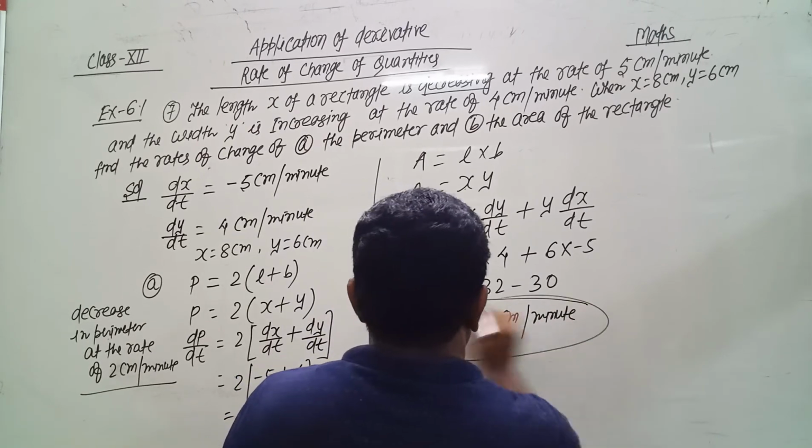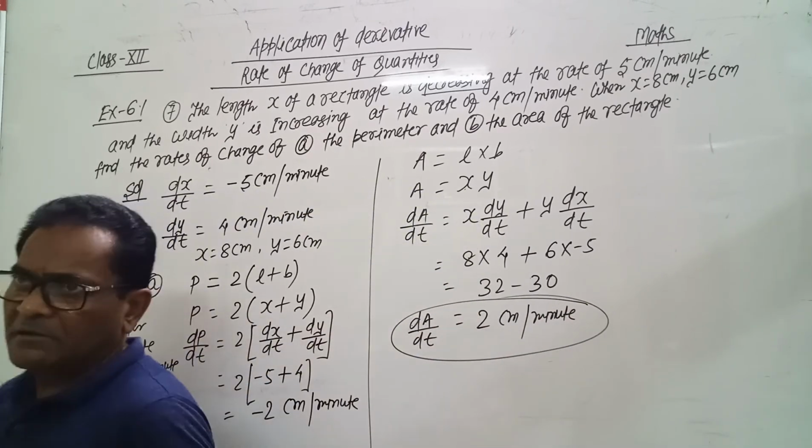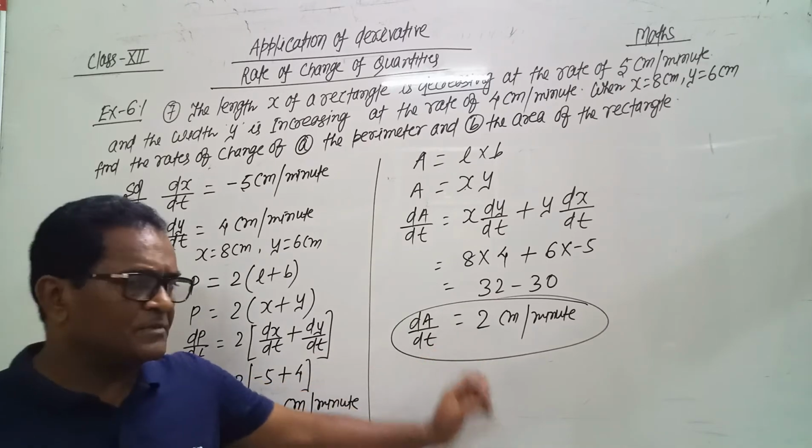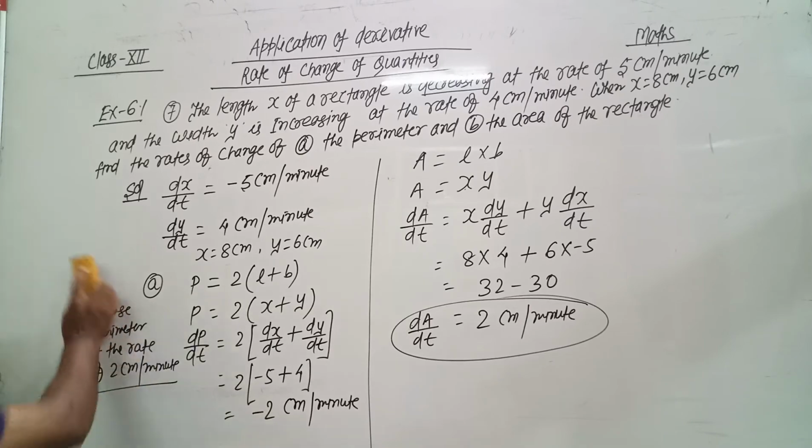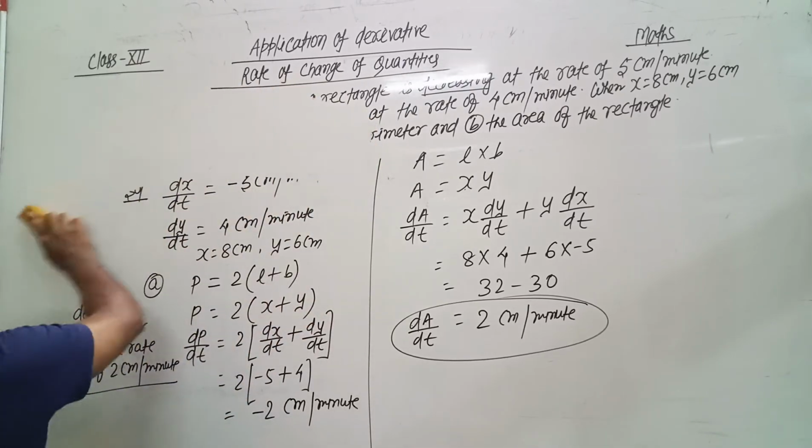So this is the increase in area. dA by dt result comes positive, means area increases at the rate of 2 centimeter per minute.